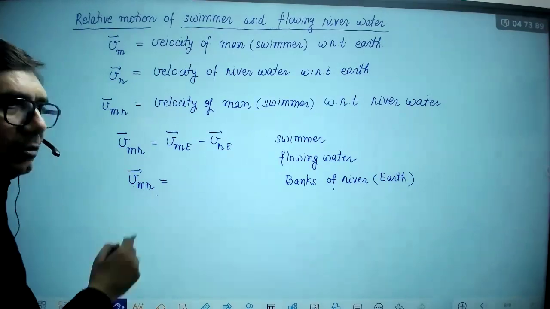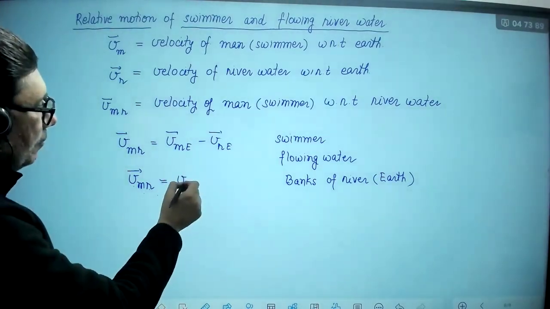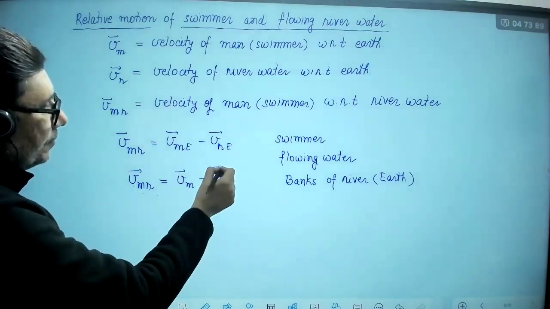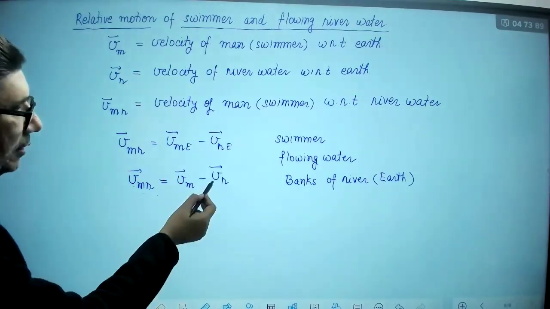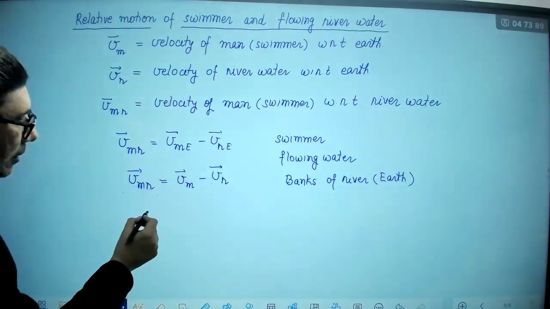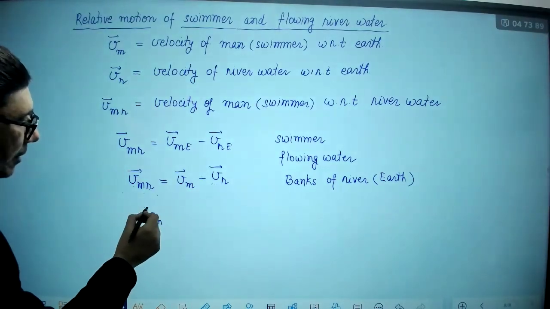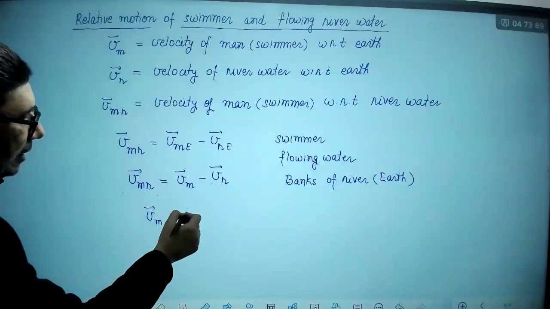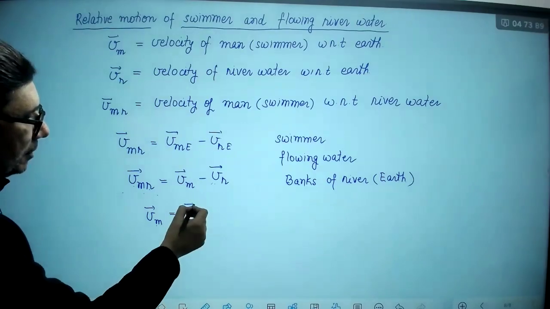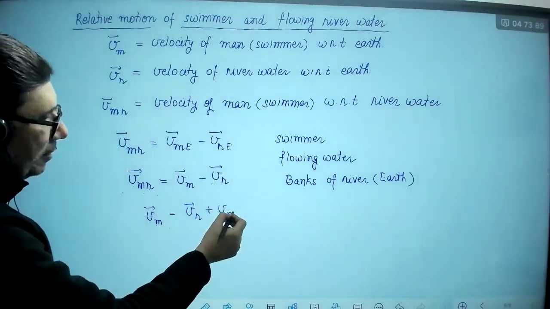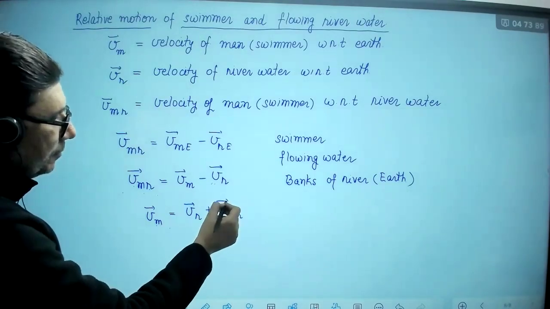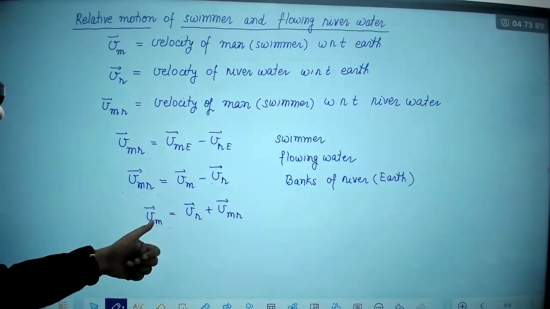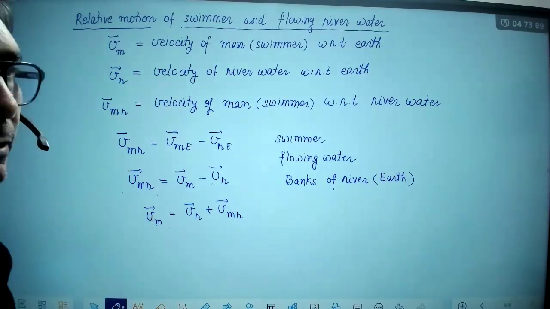That will be velocity of the man minus velocity of the river. So bring this negative term on this side. Velocity of the man will be velocity of the river plus velocity of the man with respect to river.